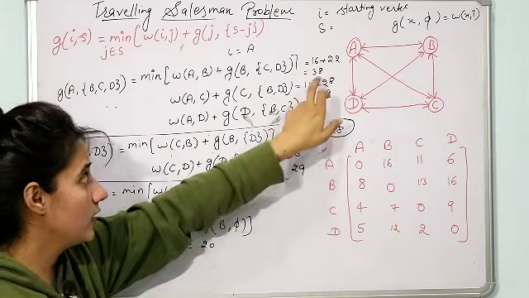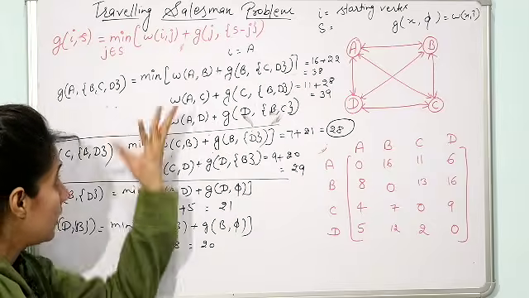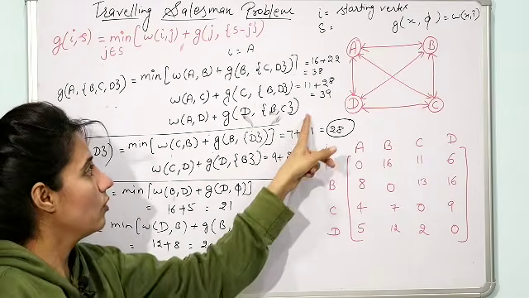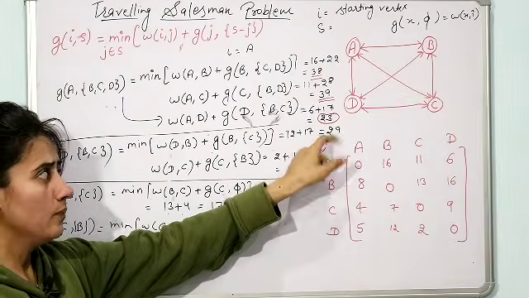Two values we have got, one is 38 and one is 39. Now with the same formula and the same process, you have to find the value of this one, and this would be 23.